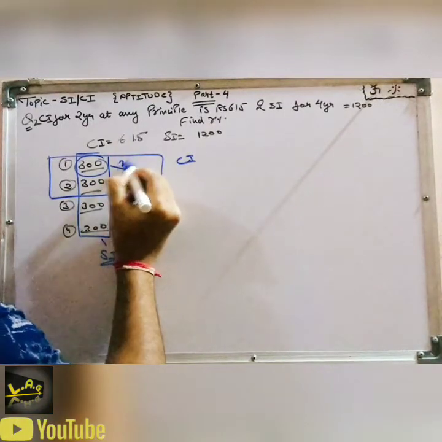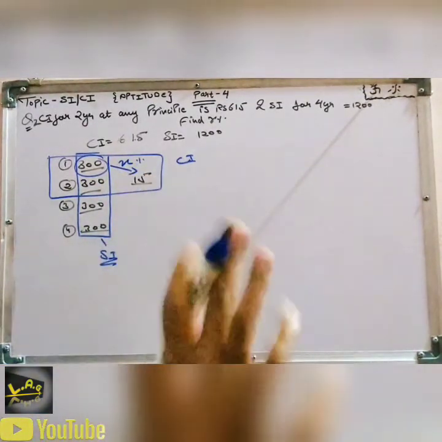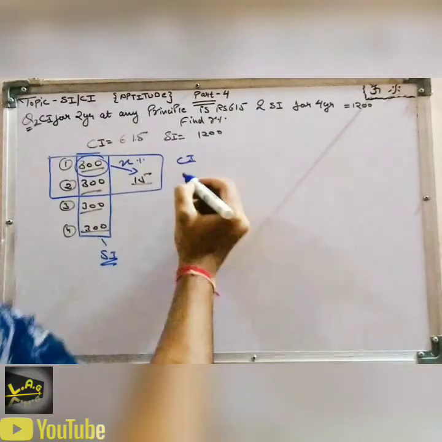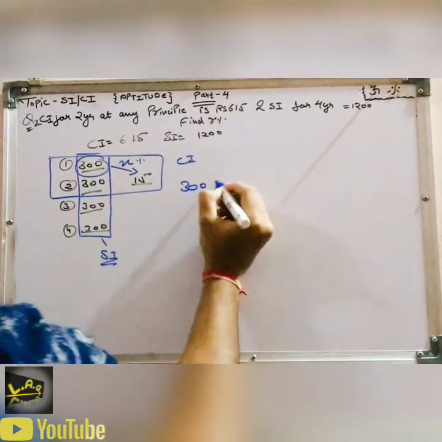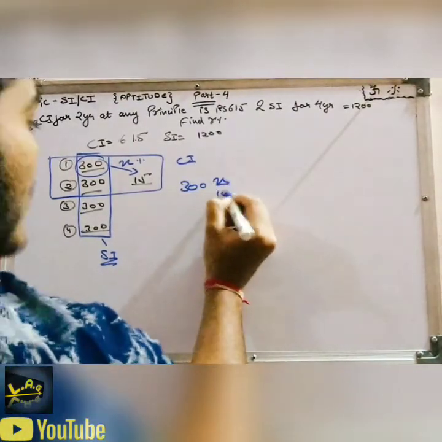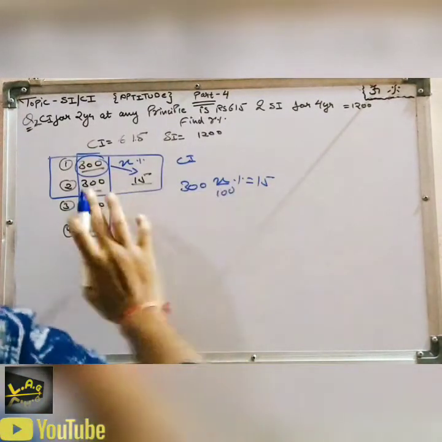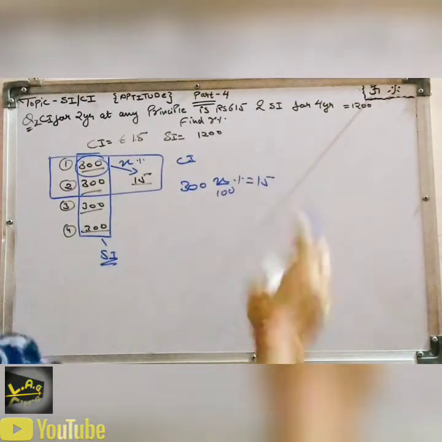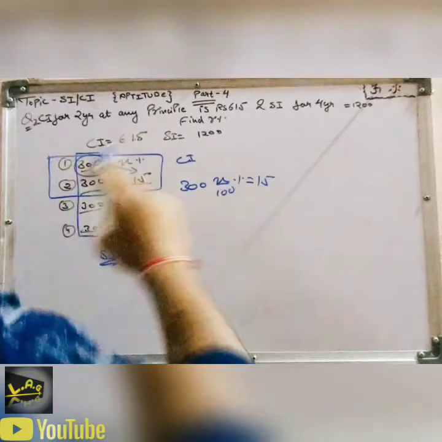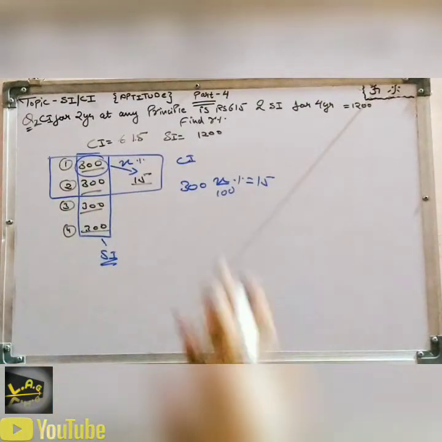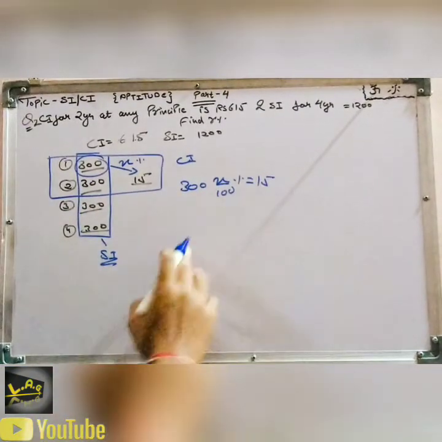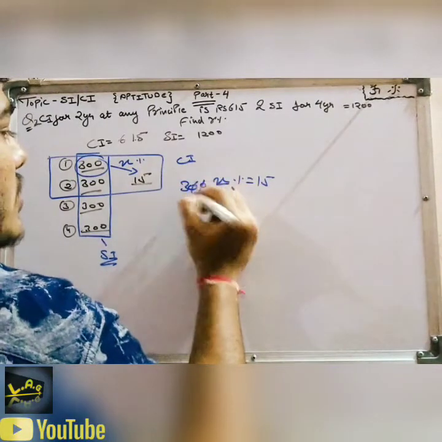Let's say this is X% of the rate, right? Now 300 into X by 100 is equal to 15, which means that 15 comes because 300 has some percentage rate put on it. So we can solve this.